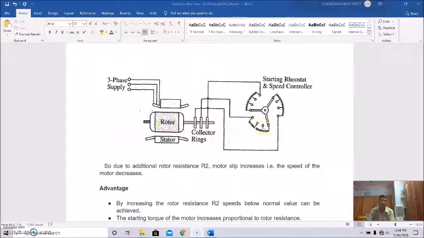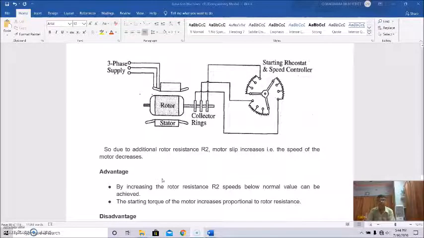As a result, the rotor resistance can be changed or increased, and by this method, for the same load condition, the torque will decrease and the speed will decrease, so the motor slip also increases, that is, the speed of the motor decreases.